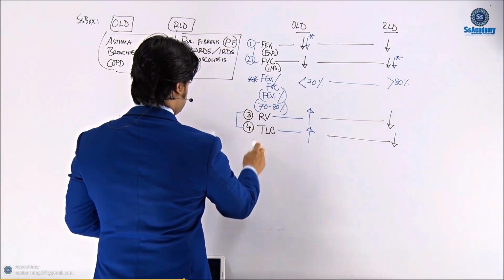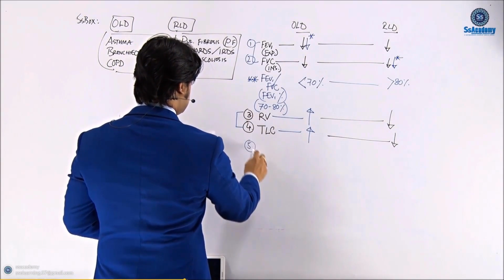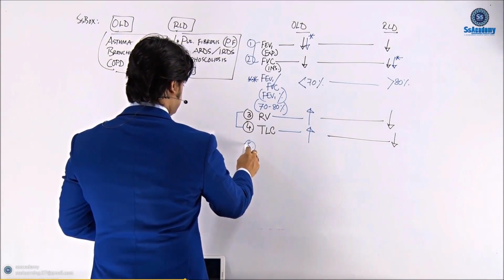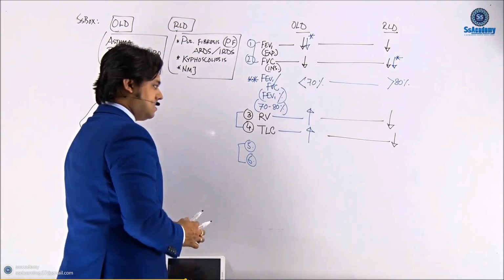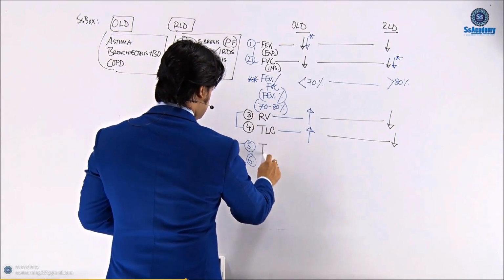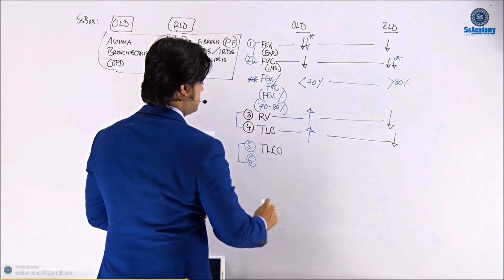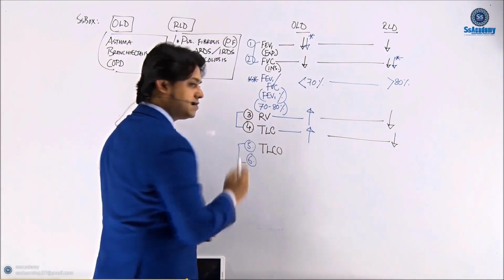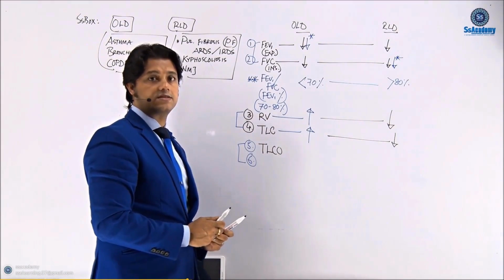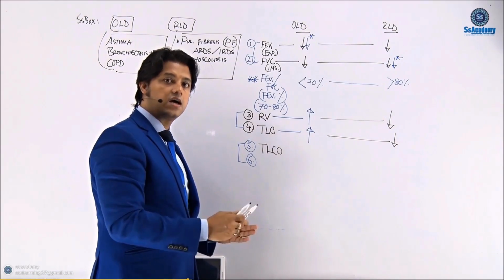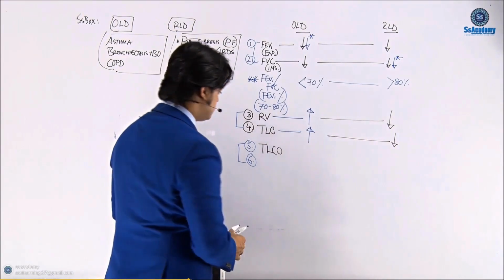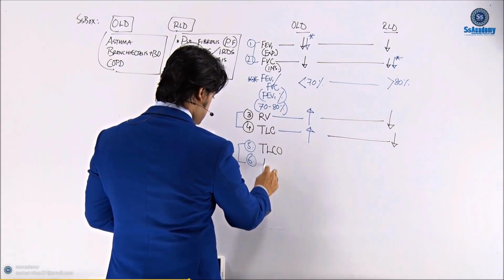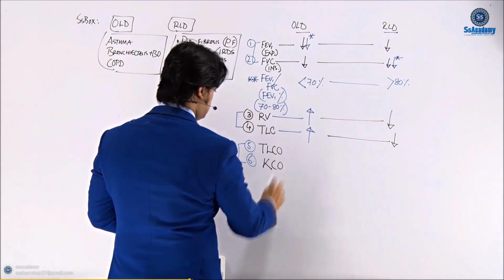The next bundle pack, the next tests, 5 and 6. This is called TLCO, total lung carbon monoxide transfer, meaning the gas transfer. Another test we do is KCO.